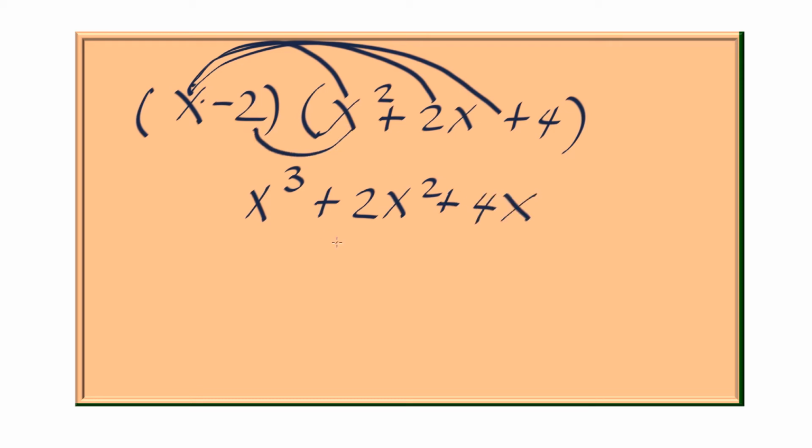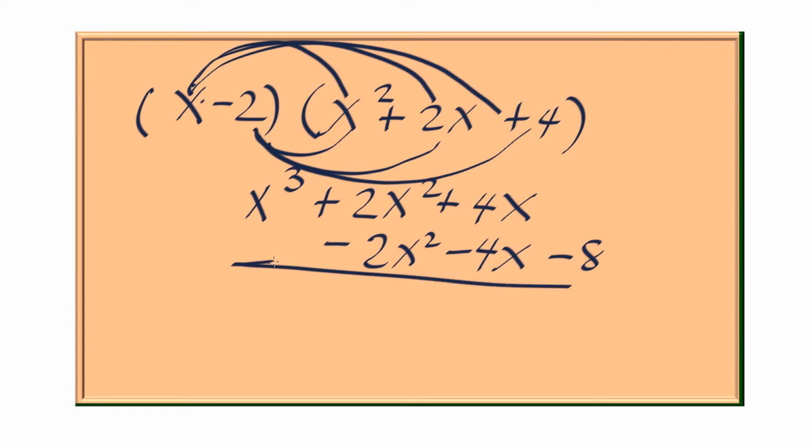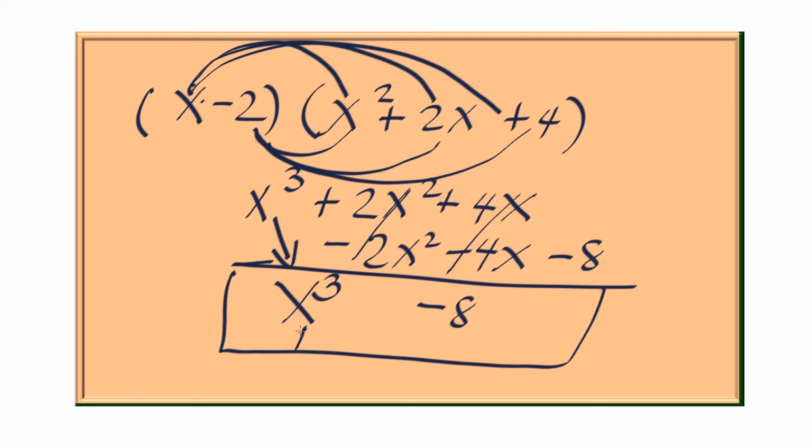Now multiply negative 2 and x squared, that's negative 2x squared. Negative 2 times 2x, that's negative 4x. Negative 2 and 4, that's negative 8. So we got x cubed, the middle terms cancel out, and 4x minus 4x cancels too. Now we have this product, which is a difference of two cubes. So we have this difference of cubes as the product of the two factors above.